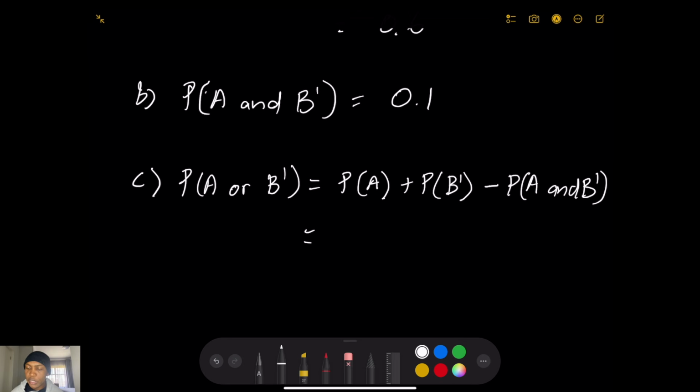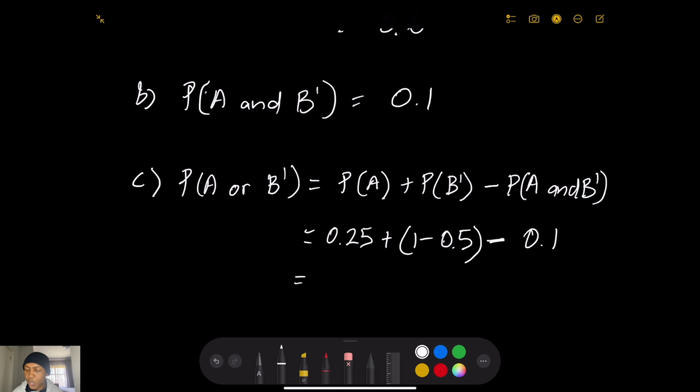Now think about this. So the probability of A, I think we're given 0.25, plus the probability of not B. Now remember, the probability of not B, that would be 1 minus the probability of B, which is 1 minus 0.5, right? And then minus, in this case, the probability of A and not B, which is what we calculated previously.